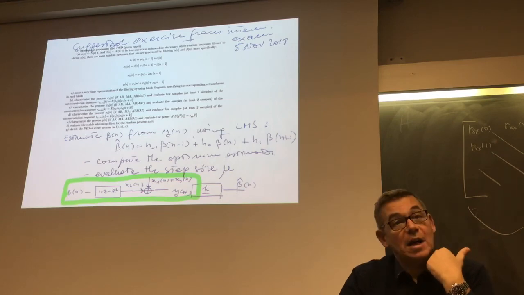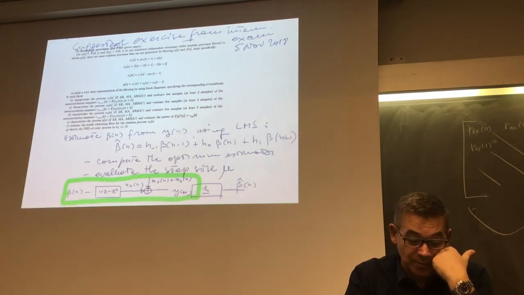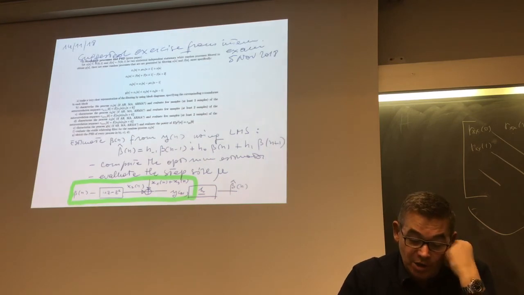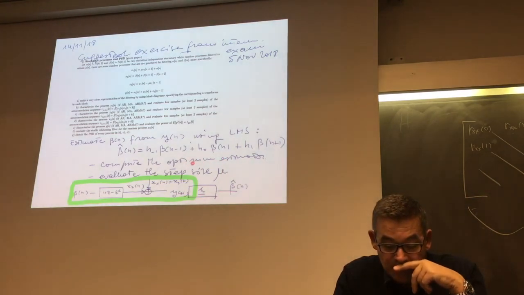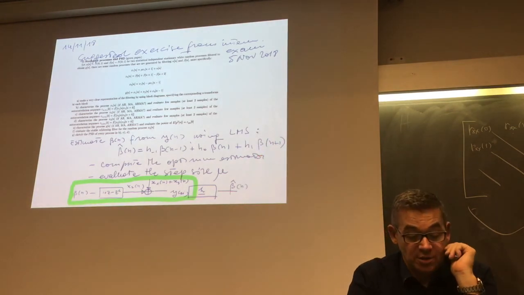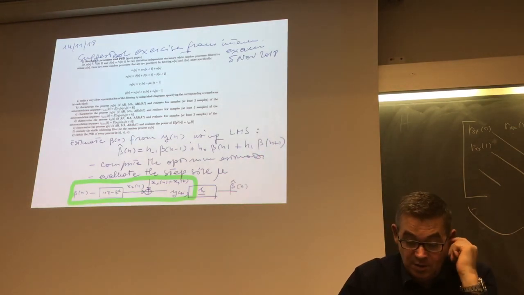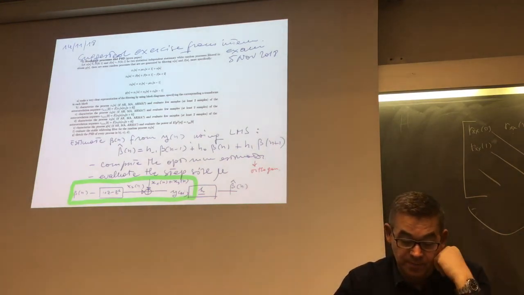So what comes out from this exercise that I propose to you is the following. First, compute the optimum estimator. Okay, so the optimum estimator is the one that minimizes the mean square error. To solve that, use the orthogonality condition.